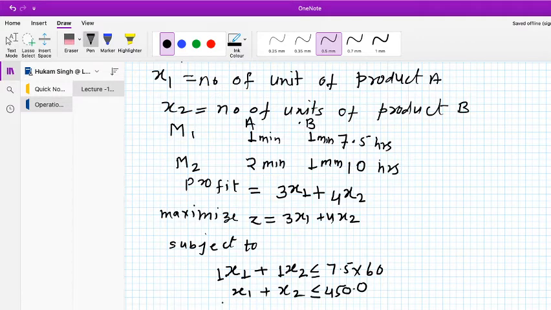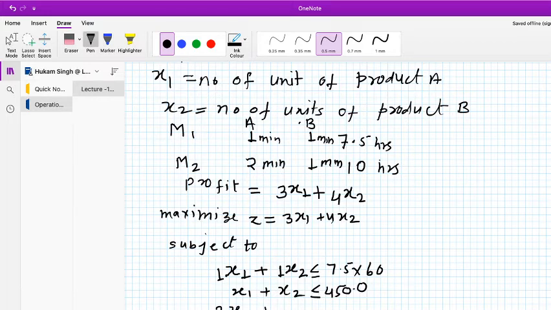Similarly, the next constraint is the total available time on machine M2, which is 10 hours. Product A requires 2 minutes of time on machine M2, and in total we are producing x1 units. So this is the time taken by all the units of type A on machine M2.